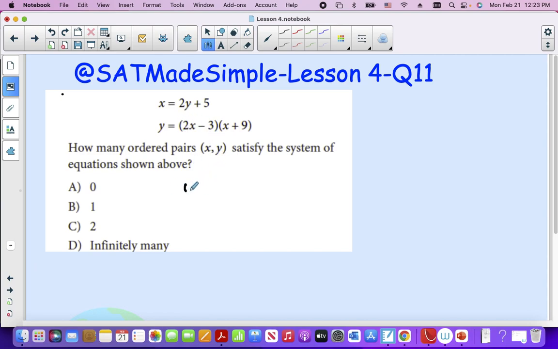I'll do it in here. y is equal to, instead of x, that'll be 2 times 2y plus 5 minus 3 times, or as a matter of fact, no.